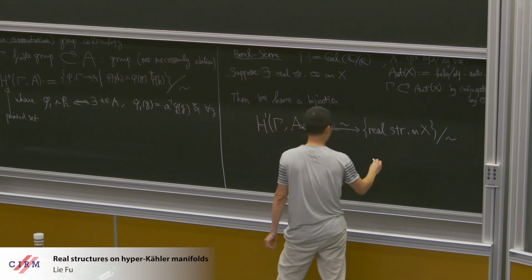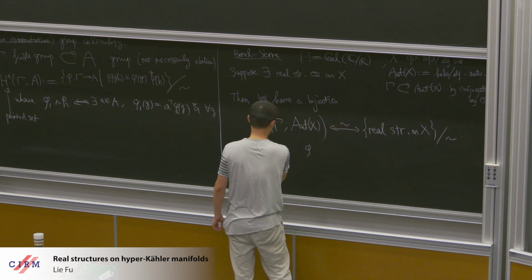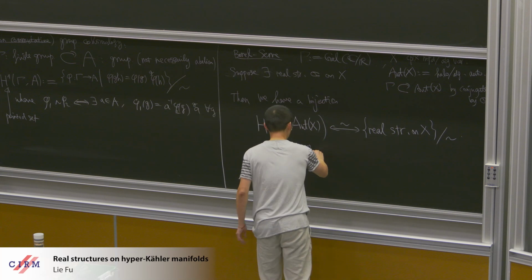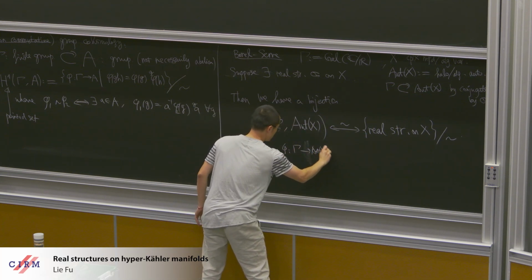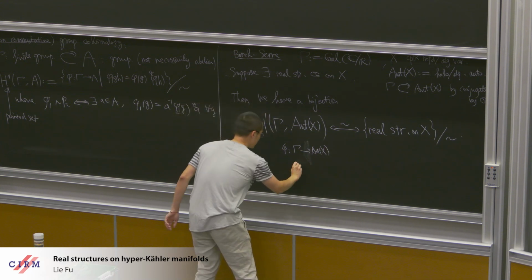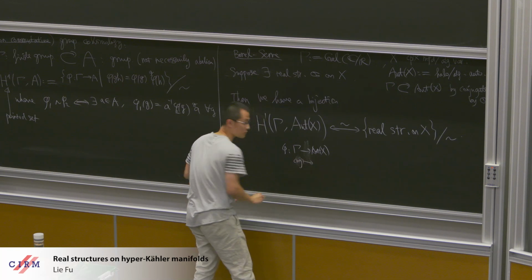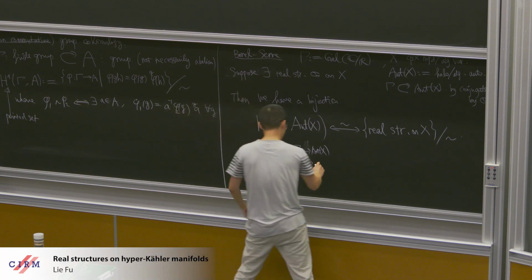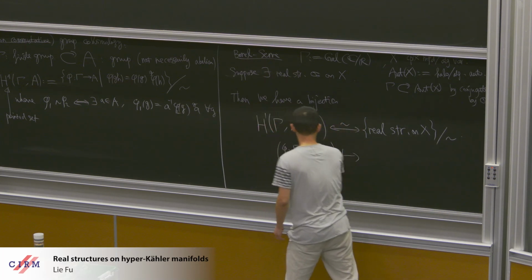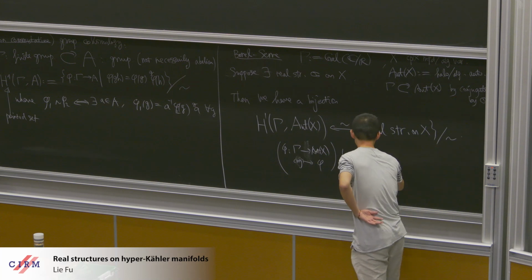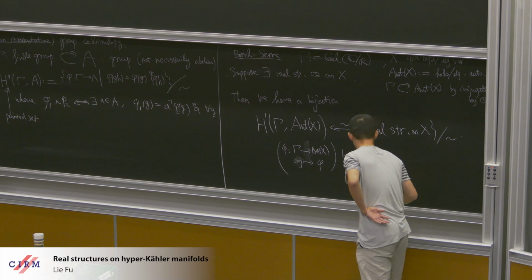If you have a real structure, no, let me take a one cocycle here. One cocycle is a map from gamma to the automorphism group. But gamma is just Z over 2, so I can look at the non-trivial element. Let me call it conjugation, the only non-trivial element there. And I still call the image phi, because it determines phi. Then the real structure will just be phi sigma 0.